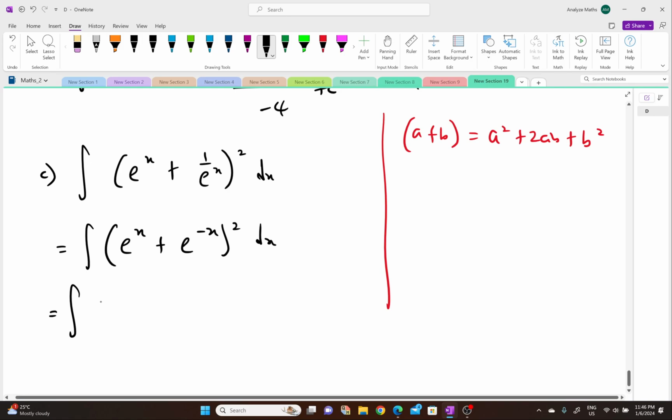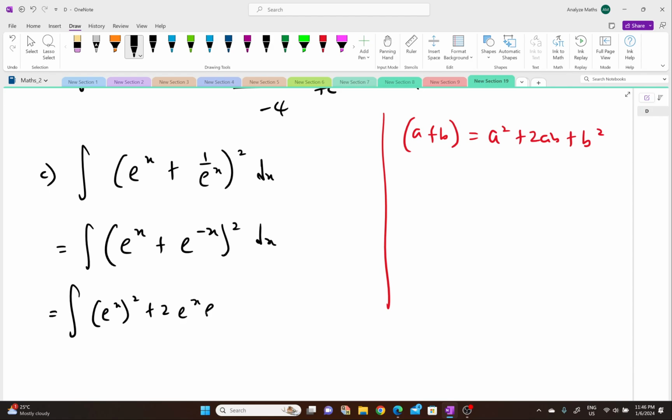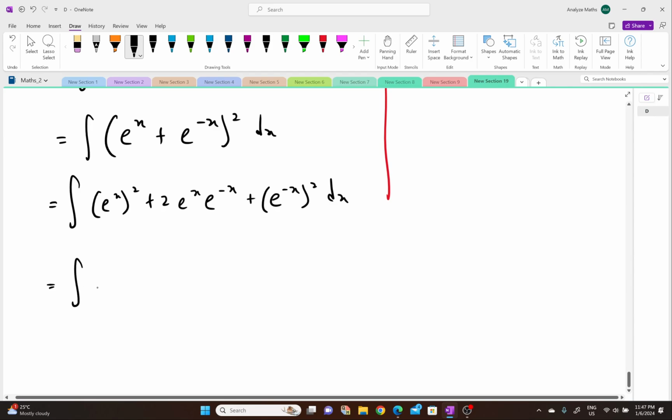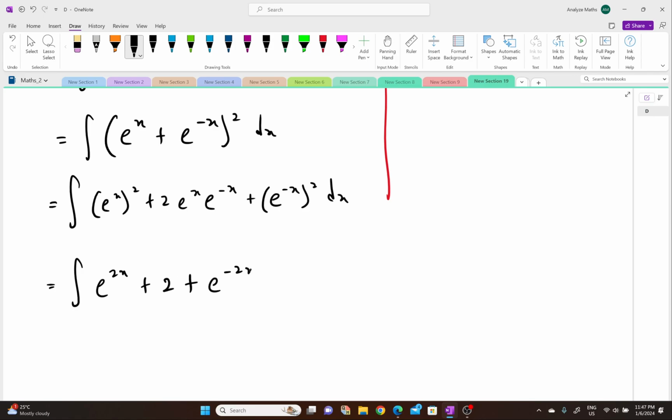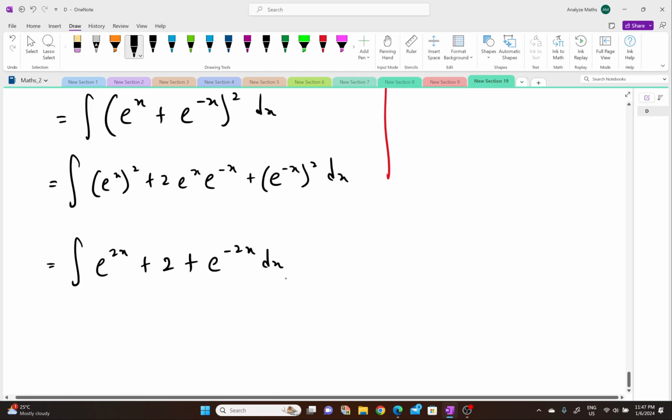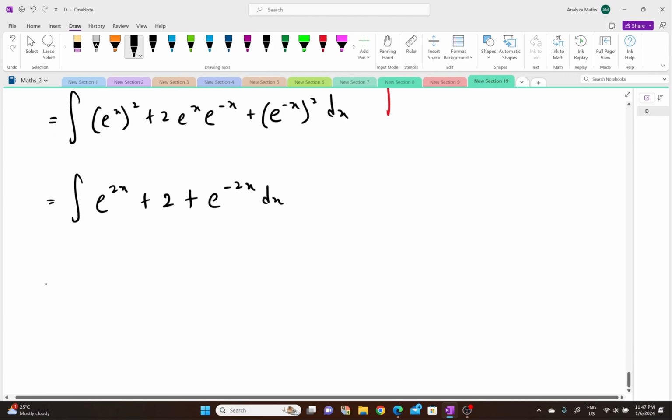So if you expand this, now it is separated, no more in the bracket, so we can use the formula now.